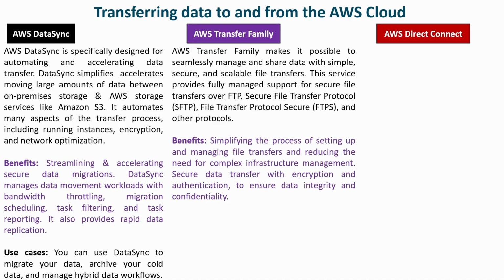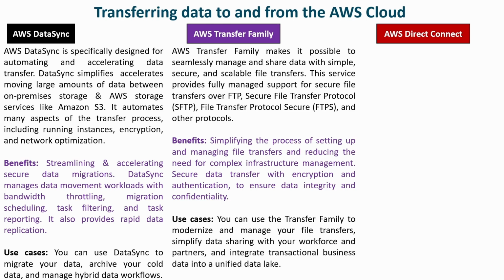The benefits include simplifying the process of setting up and managing file transfers and reducing the need for complex infrastructure management. The Transfer Family provides secure data transfer with encryption and authentication to ensure data integrity and confidentiality. It is built to scale and streamline workflows. If we talk about use cases, you can use the Transfer Family to modernize and manage your file transfers, simplify data sharing with your workforce and partners, and integrate transactional business data into a unified data lake.